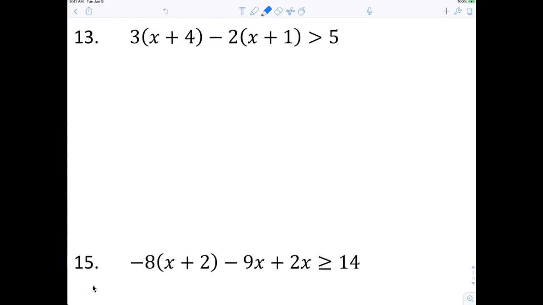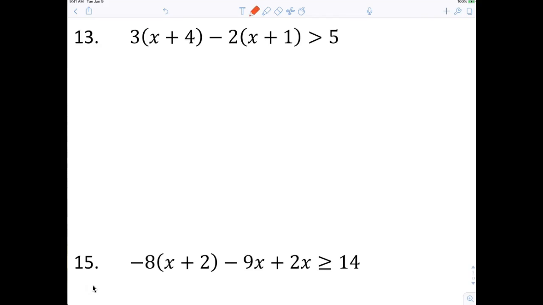Go to the next part. Negative times the positive. See that, right? Little mistake. It's that little mistake.